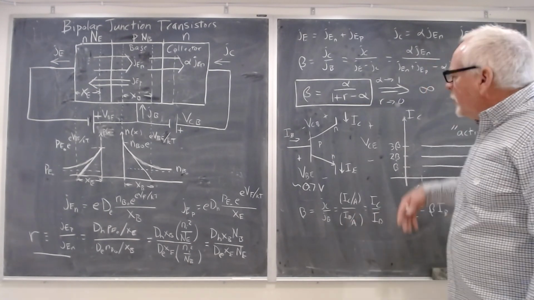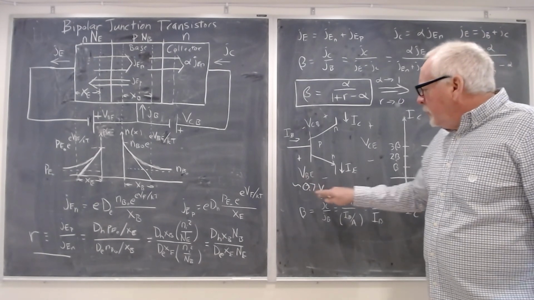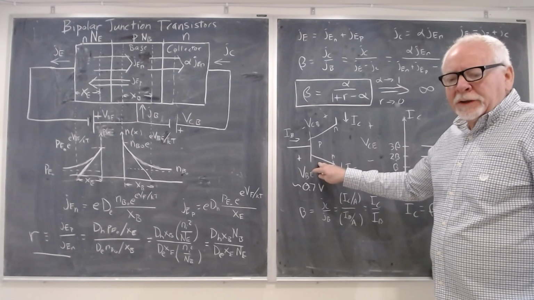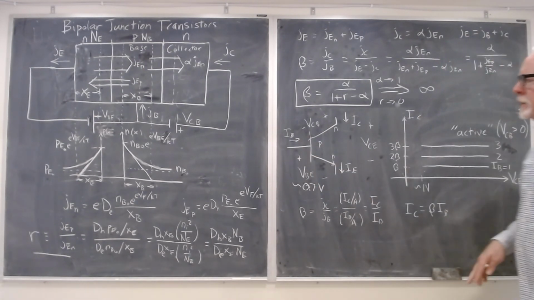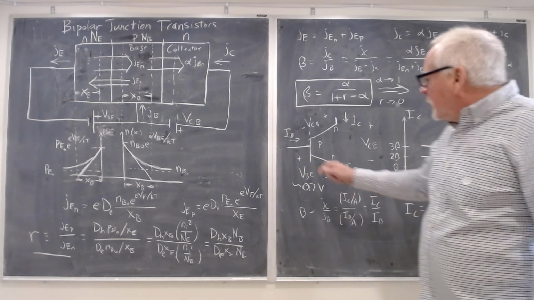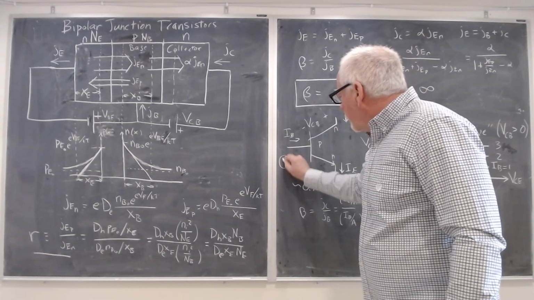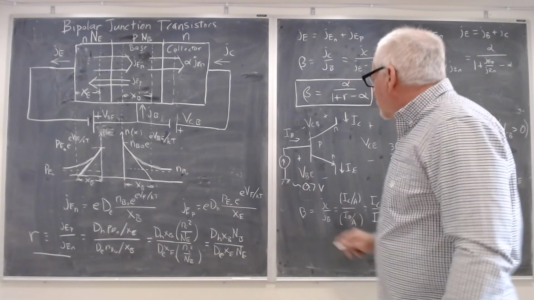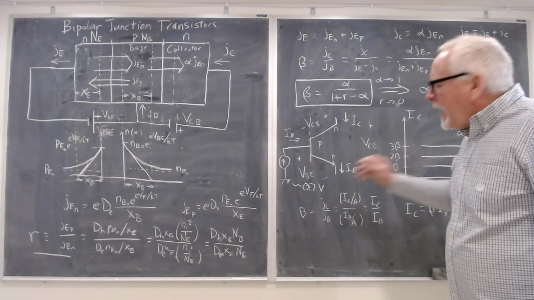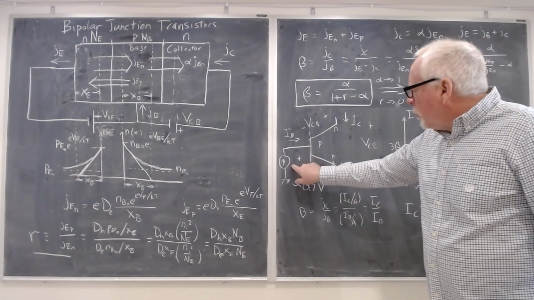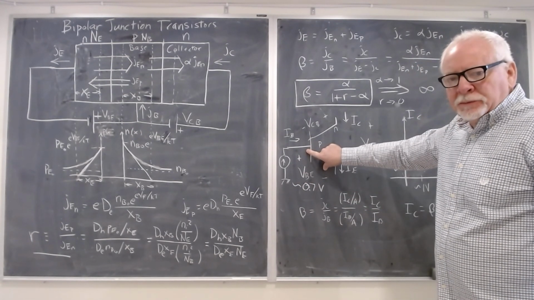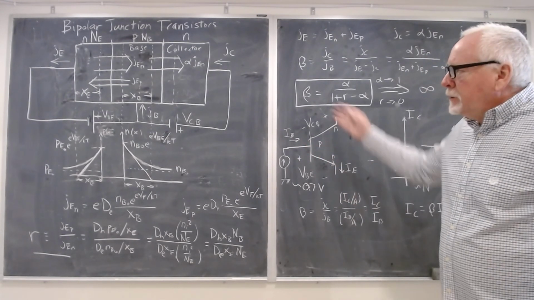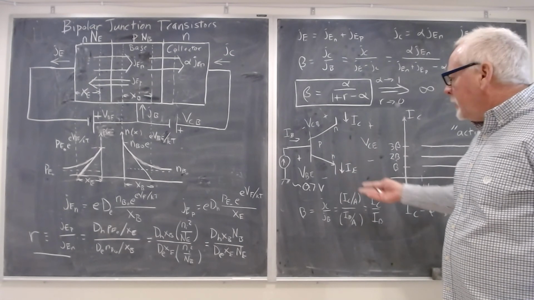You can think about it that the device is really controlled by VBE, that I forward bias it and then I get a certain current. And it doesn't really matter, because if I really operated this thing with a current source IB here, it would have to be that that current source would somehow forward bias that junction and make that IB happen. It would have to be, right?